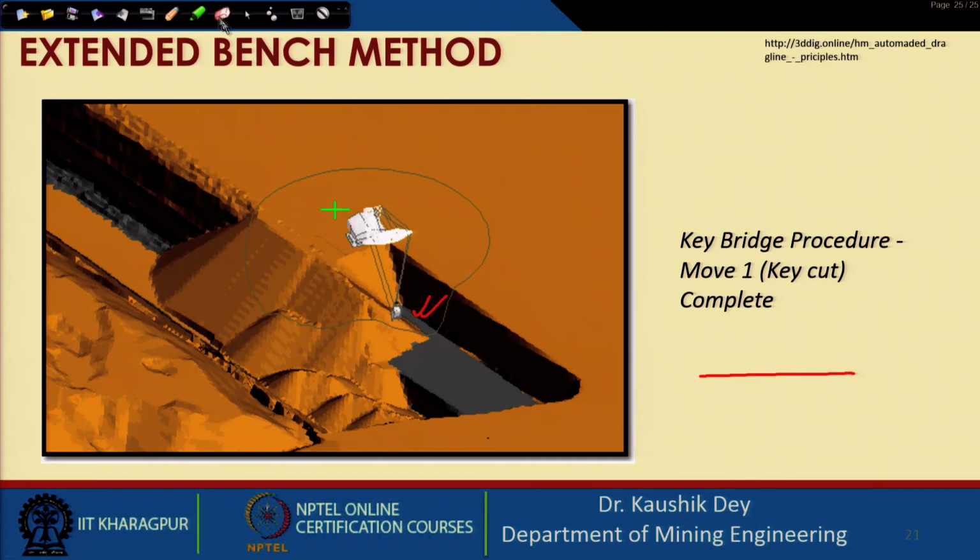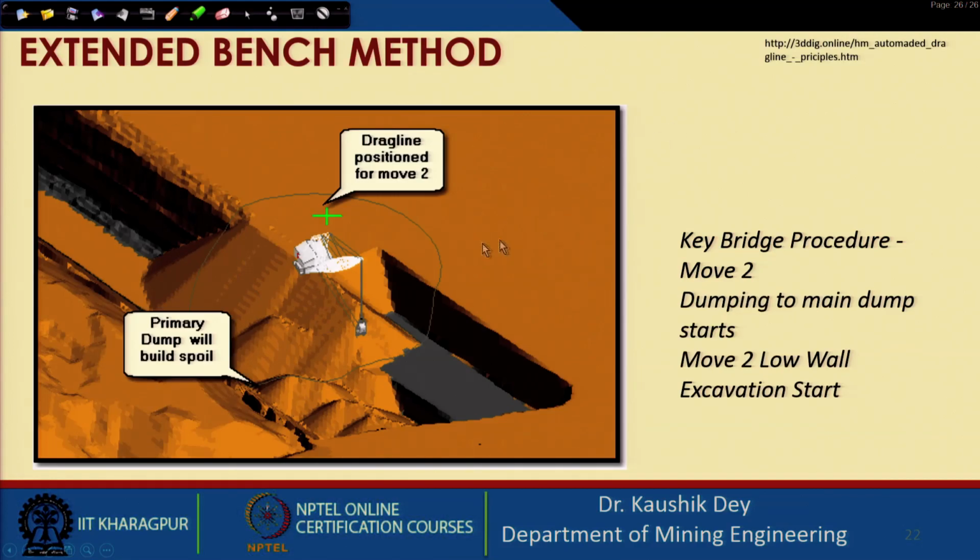So, now the key cut is complete and our bench is already extended. The initial position of the dragline was at this position. Now our dragline is moved to the extended bench.